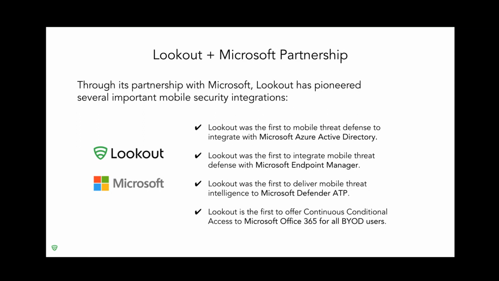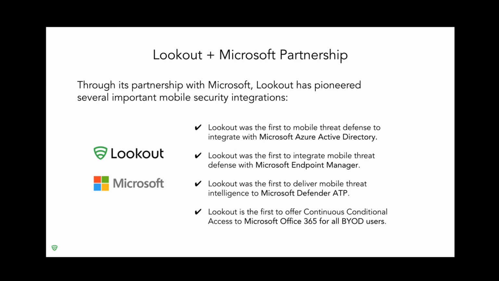The benefit of this integration is that once the Lookout client on the device detects a threat, let's say a malicious app, the client on the device will reach out to the Lookout console, and the Lookout console then will communicate with Microsoft Endpoint Manager or Microsoft Intune to inform it that a threat has been detected on the device.